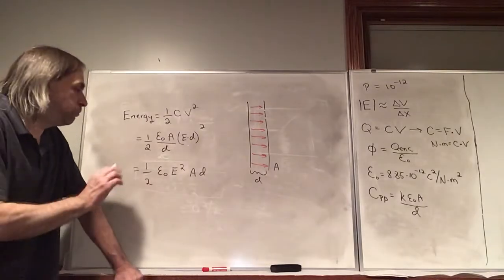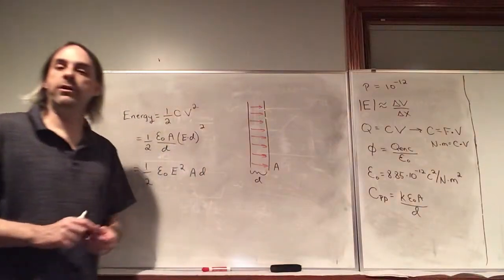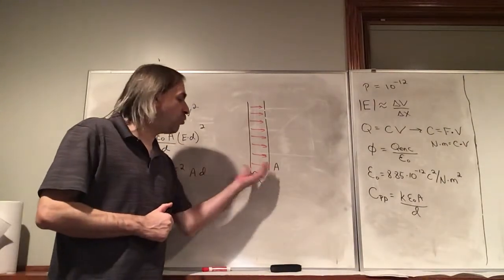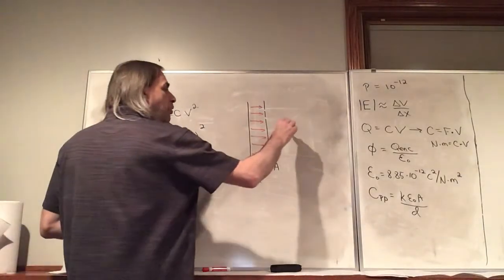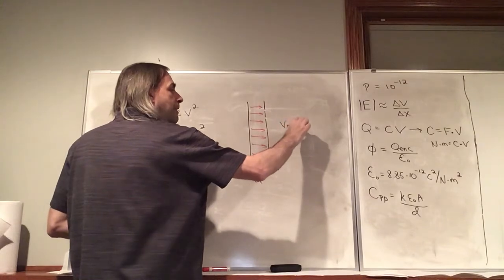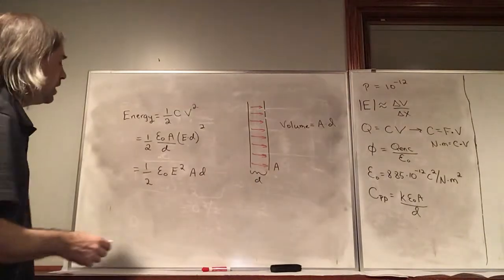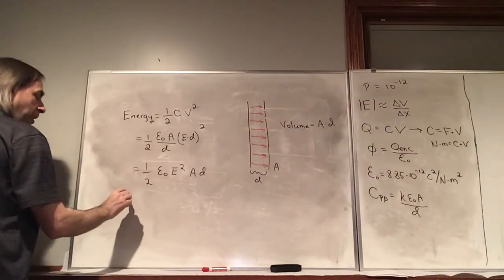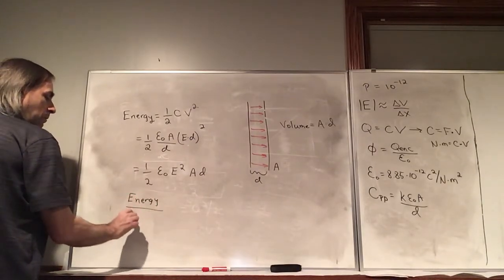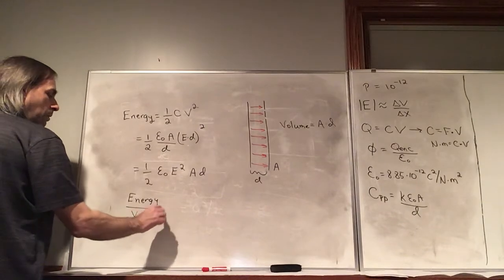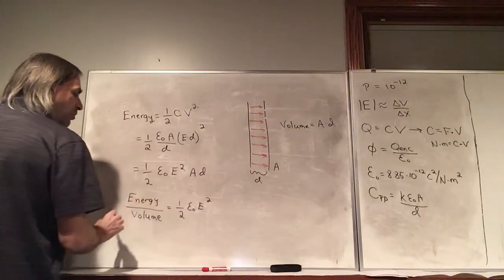Now, why are we doing this? Well, look at where the electric field exists. It exists between these two plates of the capacitor. And so the volume that the electric field takes up would just be A times D. So if we take the energy divided by the volume, we get 1/2 epsilon naught E squared.